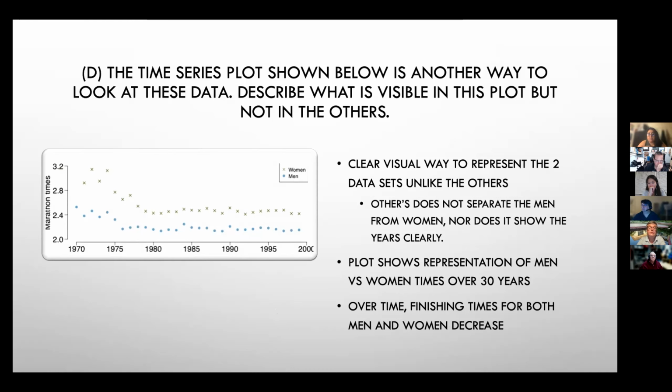The plot shows representation of men versus women over the 30 years, and you can see the decrease between men and women in the time series plot. Great. Thanks so much.